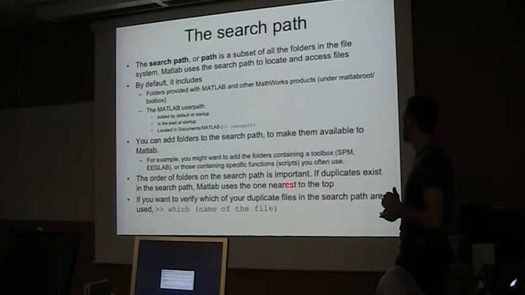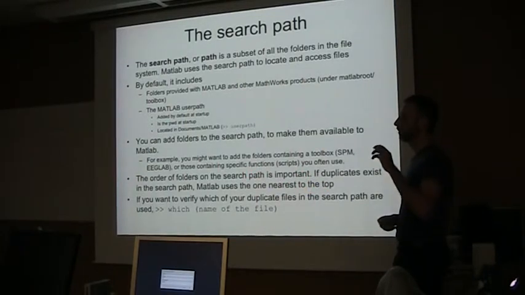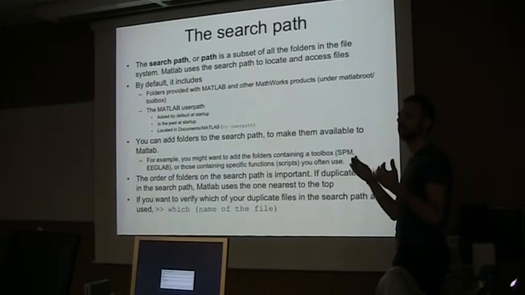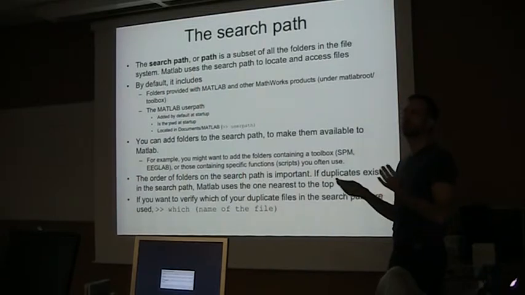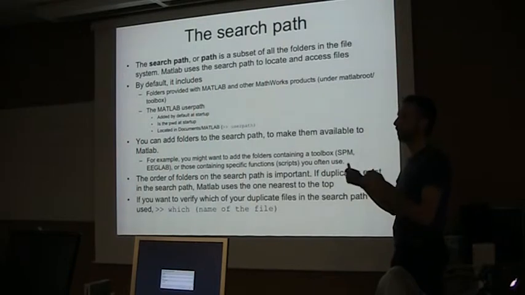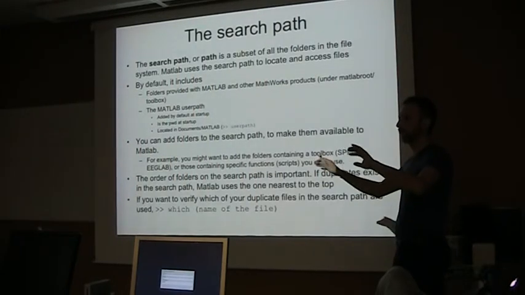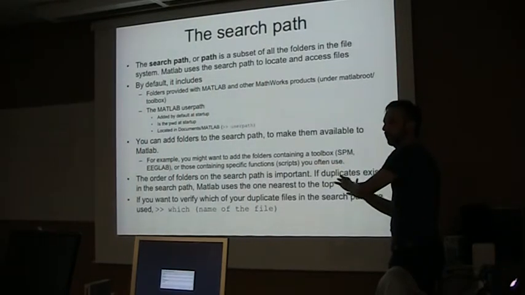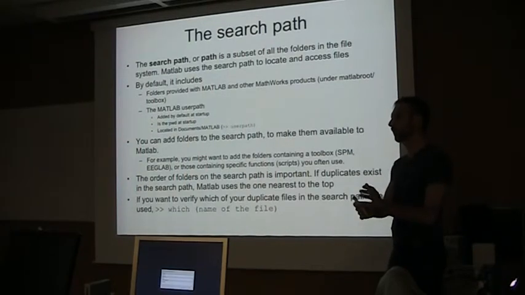And this is also interesting. Say you have two folders that contain two different versions of the same function, because for some reason you have modified the function, and you have given both folders to the search path. One contains the original function, one contains the new function.